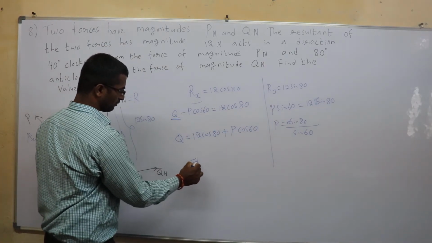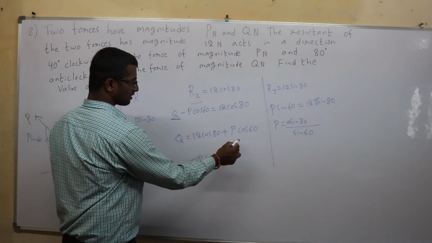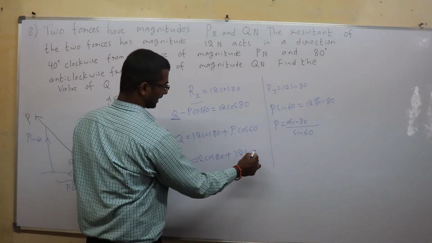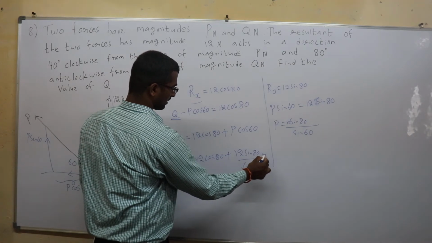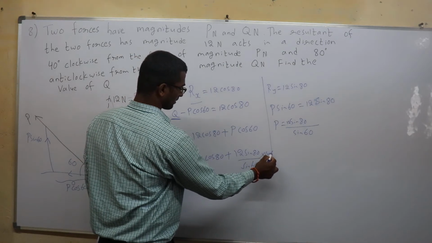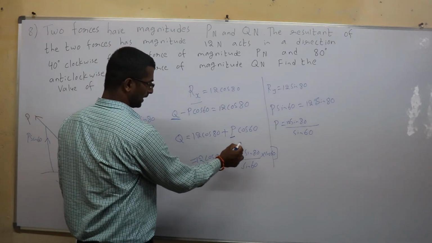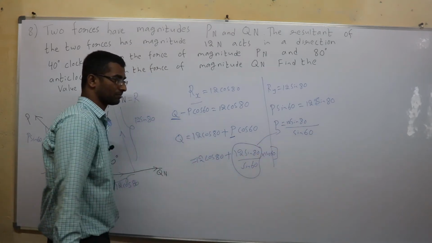Which will be 12 cos 80 plus, in place of P I can write 12 sin 80 by sin 60 into cos 60. Did you understand? In place of P, I have written this entire thing from here.